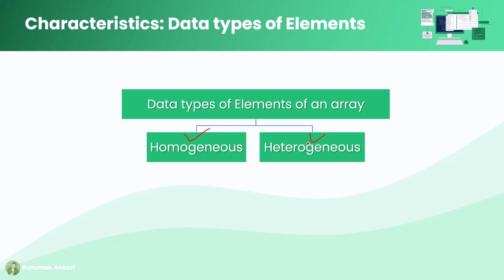Heterogeneous means the array will contain different types of values. Different types means it can store integers, strings as well as objects. So if the data is the same type, then it is homogeneous. If the data is of different types, then it is heterogeneous.